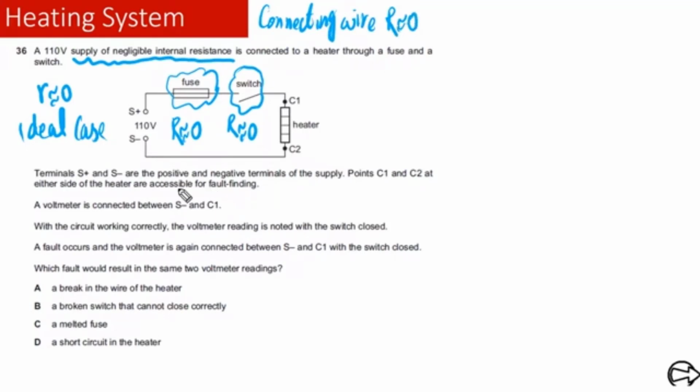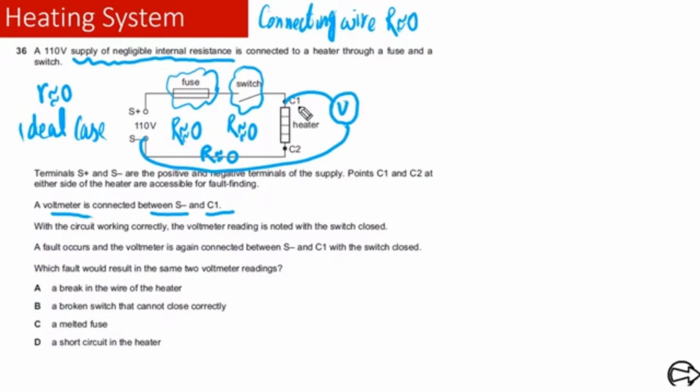Now the next thing, it is given to us a voltmeter is connected between the negative terminal of the battery and C1. Our voltmeter is connected here between these 2 points. As you can see here, the wire is an ideal wire, so it has no resistance.